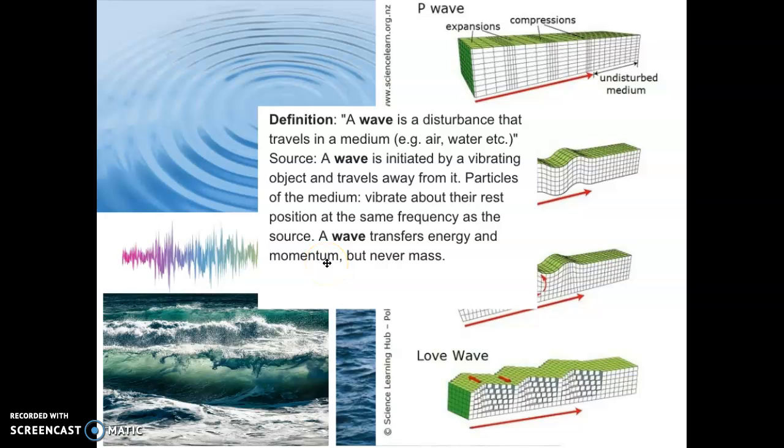As a wave is moving, the particles are oscillating and the wave is moving through the medium. The transfer of the energy is through the medium. So you could say a quick definition is simply a transfer of energy from one place to the next.